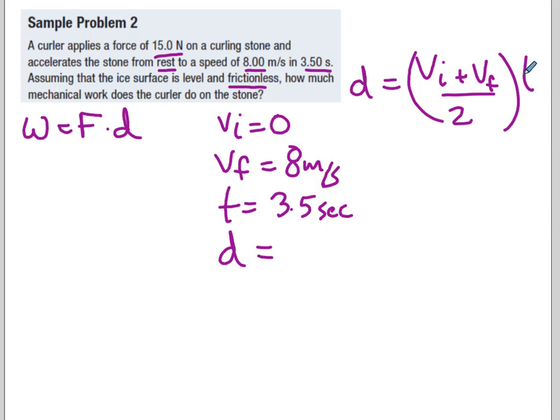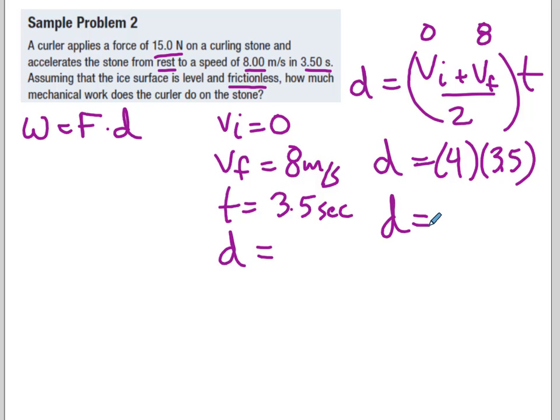There are other ways to approach this, but this is one option. If I plug in all of that information, this is 0, this is 8, so 0 plus 8 divided by 2, so I have 4 times 3.5, so I end up with 12, 14, I believe.